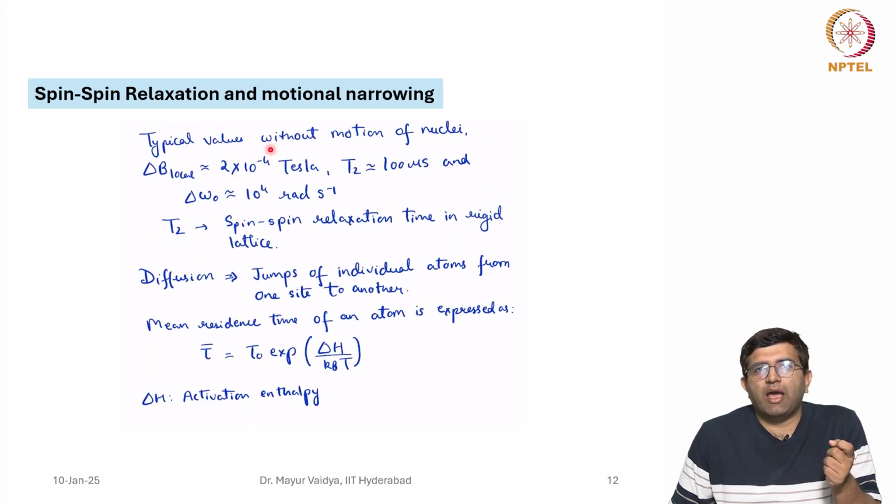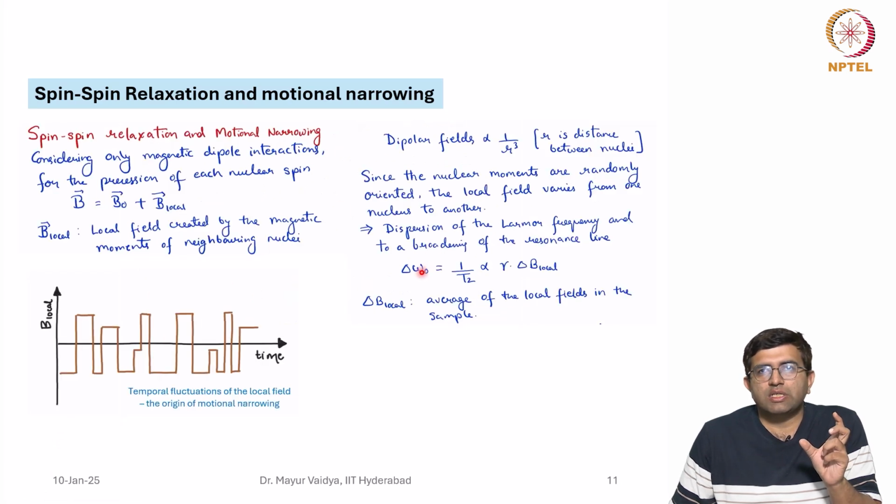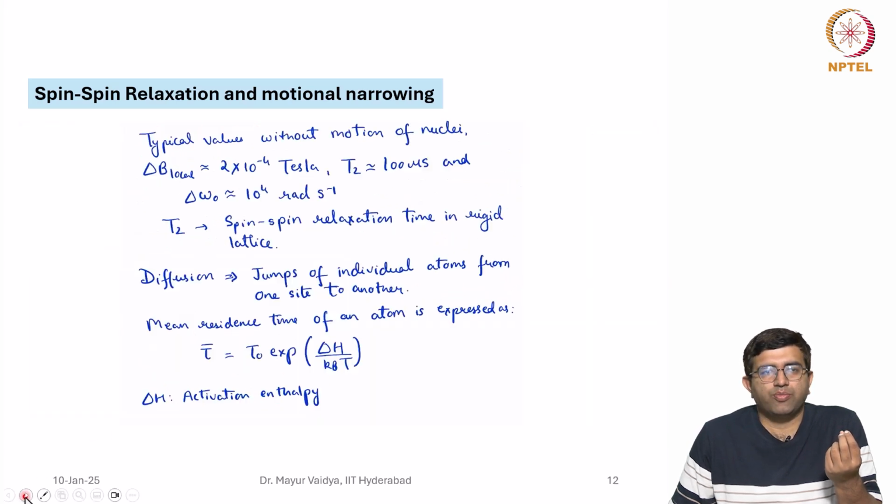So, the typical values without the motion of nuclei. Remember, here we still have not considered the motion of nuclei so far. You just have several nuclear magnetic moments which are randomly oriented. So you have broadening of the resonance lines, delta omega equal to 1 by T2, which is proportional to gamma times delta B local.